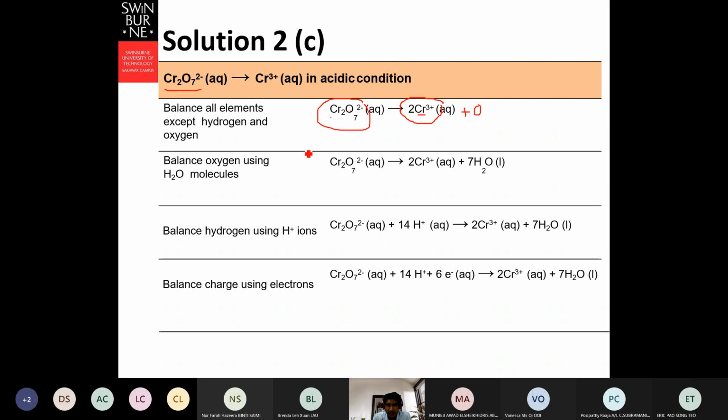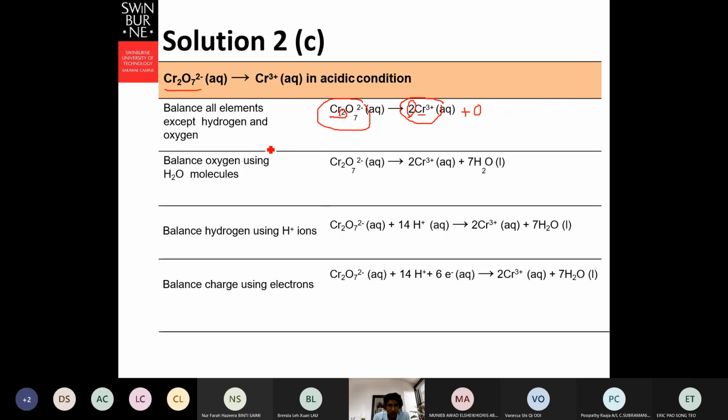And we do not have to multiply anything because there are 2 chromium here and 2 chromium here as well. So we do not have to multiply by any other factors. It is okay now. It is quite balanced. But this way we have 7 oxygen atoms.